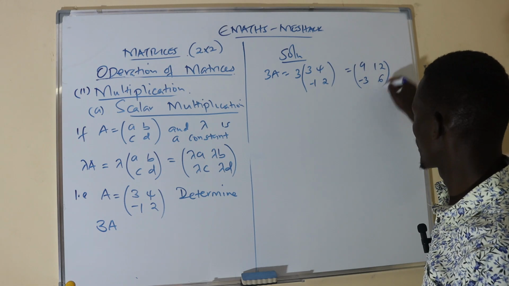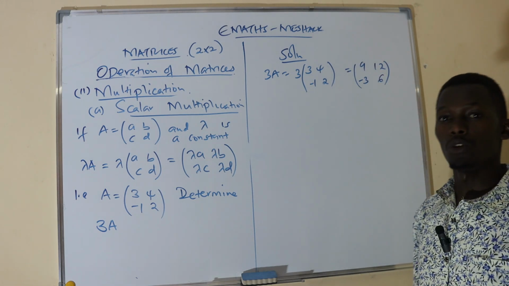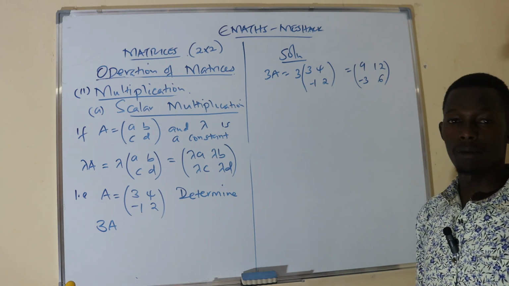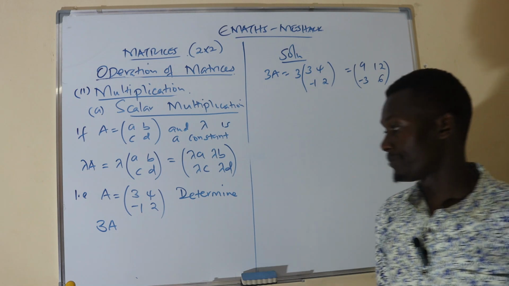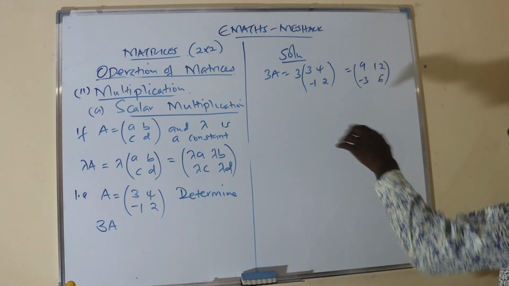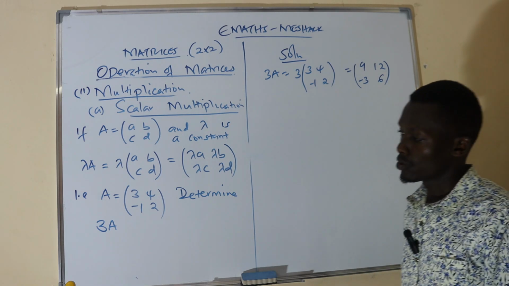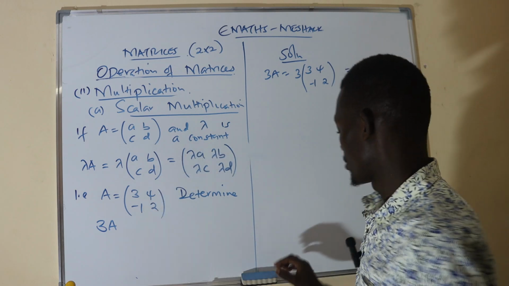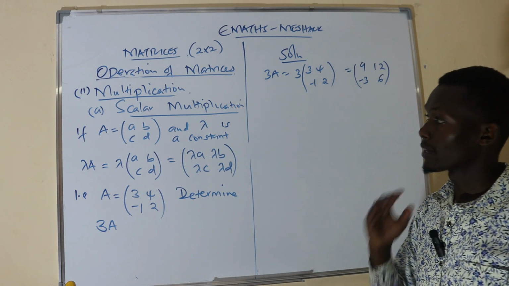So by the end of the day, when you're talking about scalar multiplication, it is when you multiply a number times a matrix, the number multiplies each and every element inside the matrix. So generally, that's how you do scalar multiplication. So it is as direct and as simple as that.